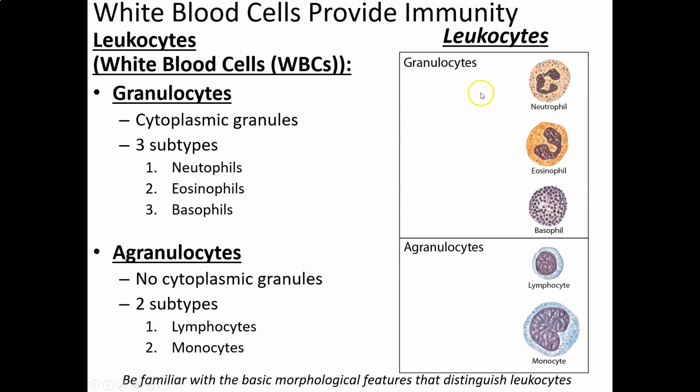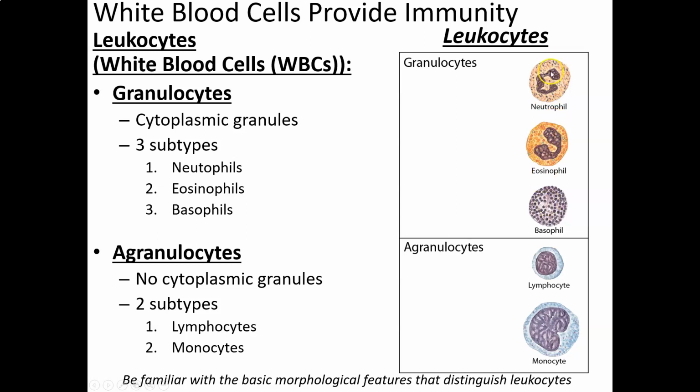Because white blood cells help provide immunity, it helps if we understand them a little better. And there's 5 basic types, especially of the lymphocytes; there's a whole bunch of subtypes. So we can divide them up into 2 general categories, granulocytes and agranulocytes. The granulocytes are called granulocytes because they have cytoplasmic granules.